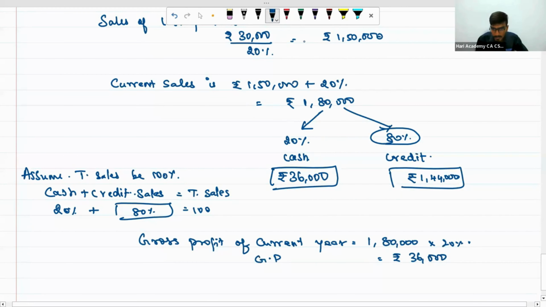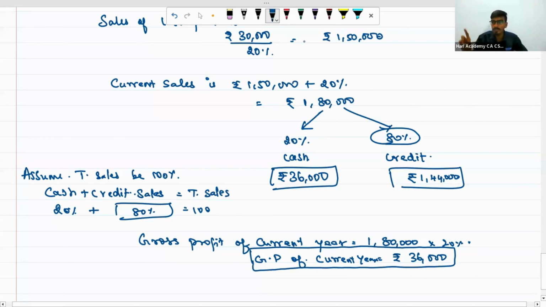Here write down again GP of current year. This is all you need to do to get full marks. I will show you how many marks they will provide even though your answer is wrong. So try to box at least rupees 36,000.